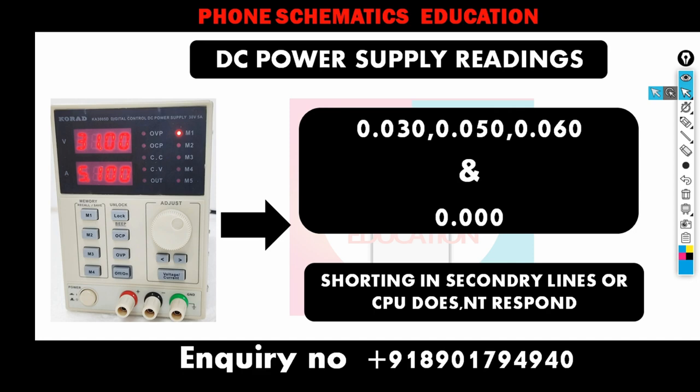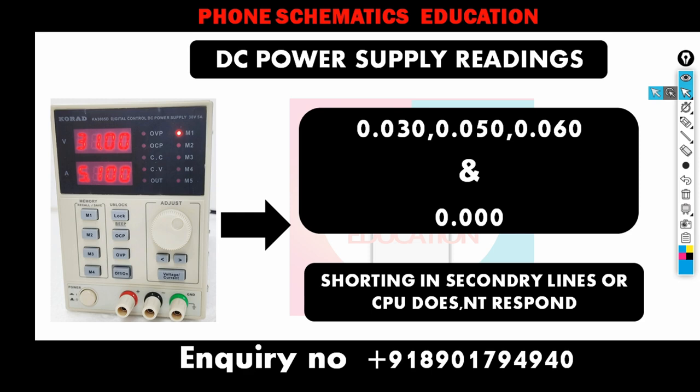That time you work on the secondary lines, the power IC output lines like buck lines, LDO lines, the VRAG LDO lines. Sometimes your CPU is dry itself. That's why it does not respond in drop down cases, because as I already told you, the power IC produces the buck voltages for the CPU. But if there is a short in a secondary line, it also goes back to 0.